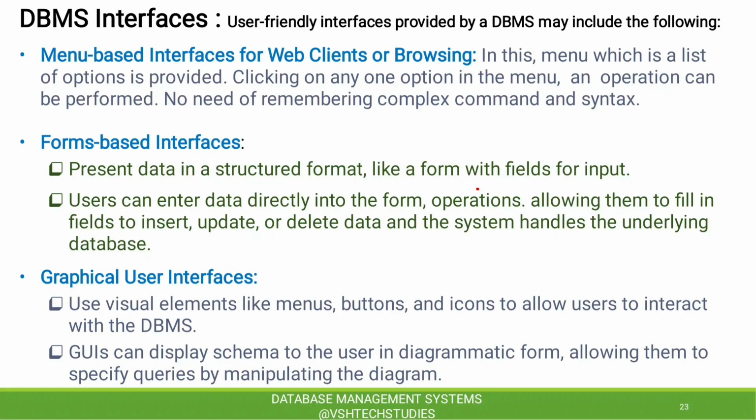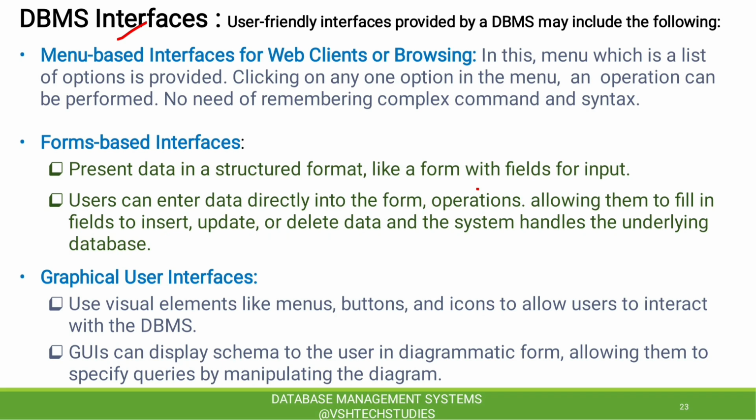So next let us know what is meant by DBMS interfaces. DBMS interfaces act as the interface or mediators between the user and the DBMS software. They are used by the users to give queries to the DBMS software. Okay, there are different types of DBMS interfaces.